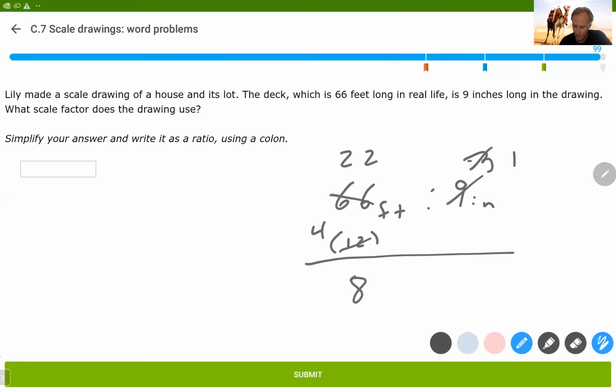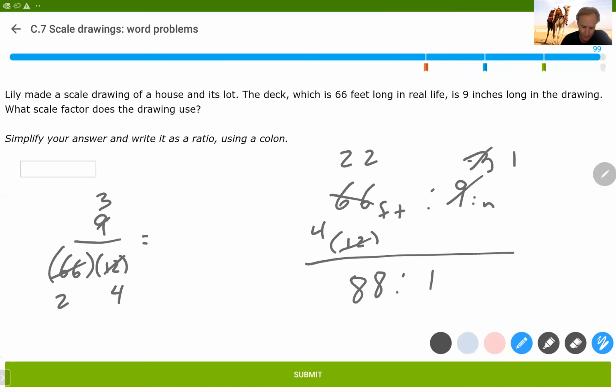So I get 88 to 1. Basically what I'm doing is reducing a ratio, kind of like I do reducing a fraction. This really was 9 over 66 times 12. So instead of multiplying these together first, I simplified them. This is 4 and 3 and 22 and 1, and I get 1 over 88.